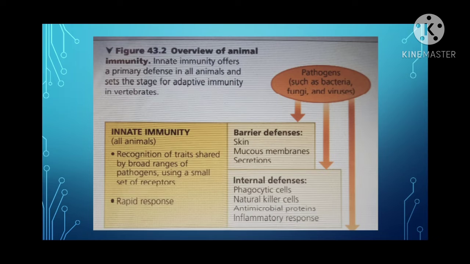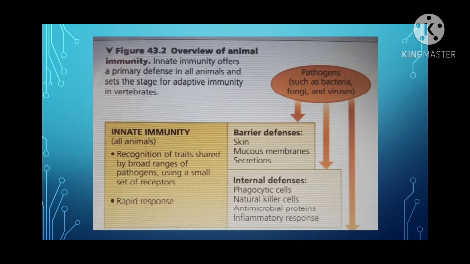Innate immunity is basically a rapid response to the infectious agent, and the internal defenses include phagocytic cells, natural killer cells, antimicrobial proteins, and inflammatory responses. These will be discussed in the next slides.